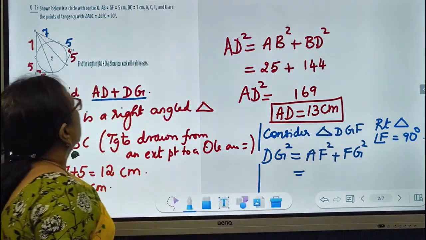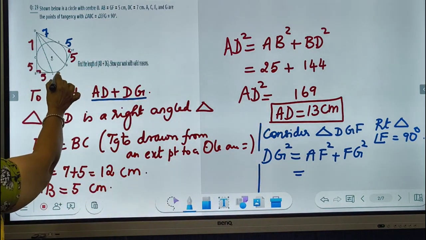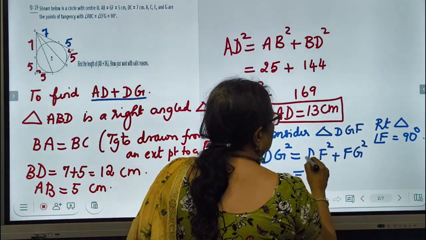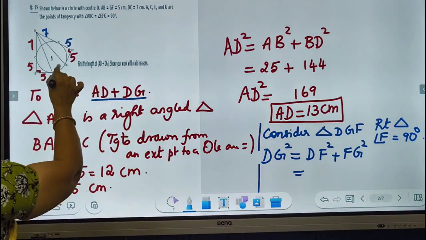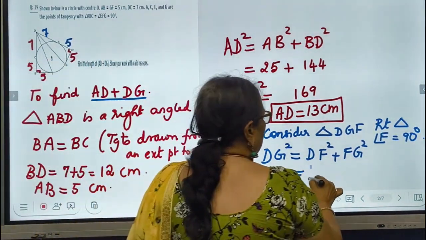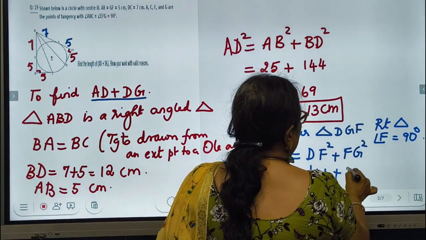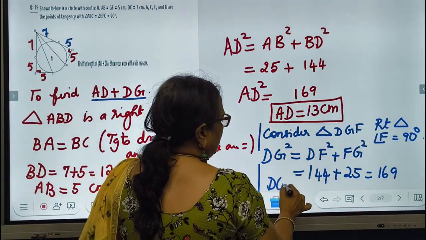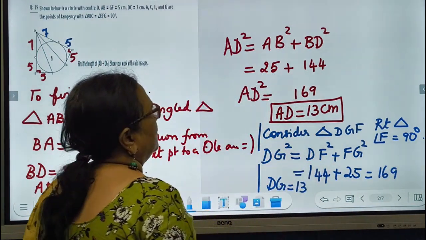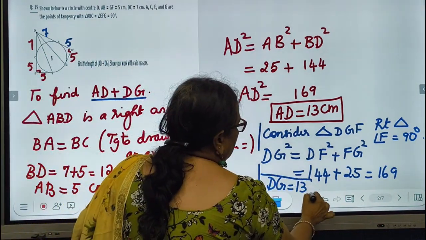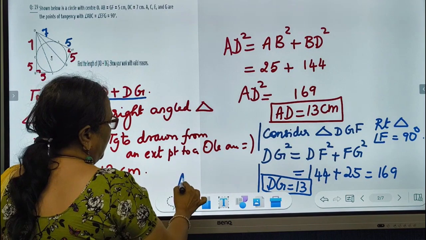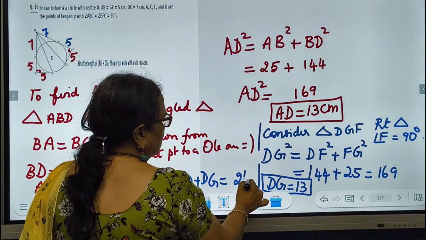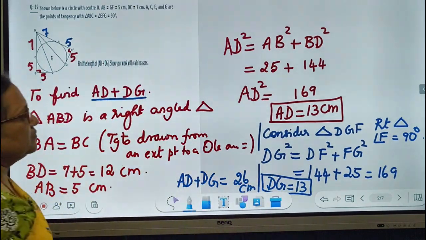DG square is equal to DF square plus FG square. Now what is DF? 7 plus 5, 12. 12 square is 144, this is 25, this is 169. So DG is equal to 13. Therefore AD plus DG is equal to 26 centimeter.